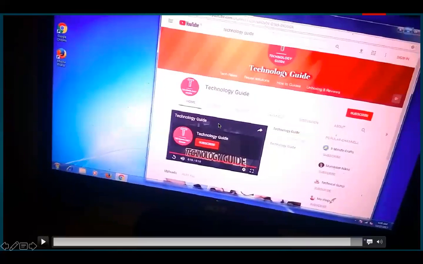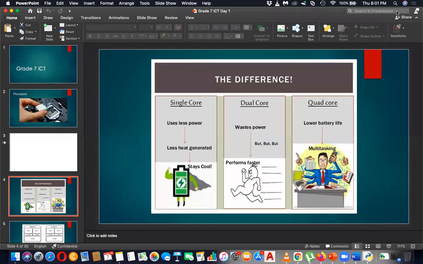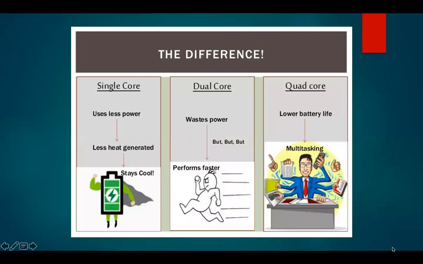I think now it's time to go to our syllabus content. Okay, now you saw in the video something like dual core. What do you mean by dual core? I didn't hear what you said. So in the video we saw something called dual core. It performs fast.